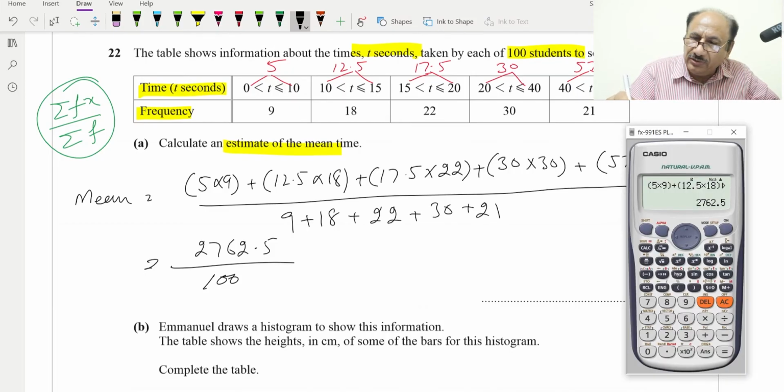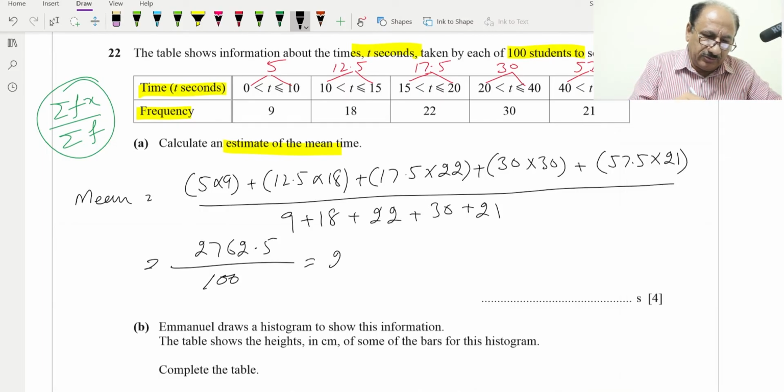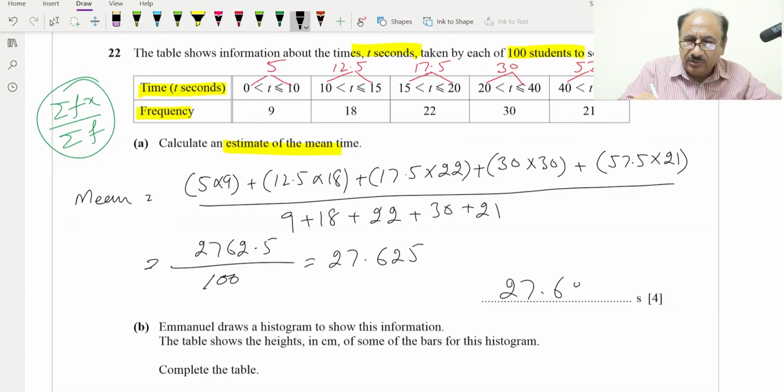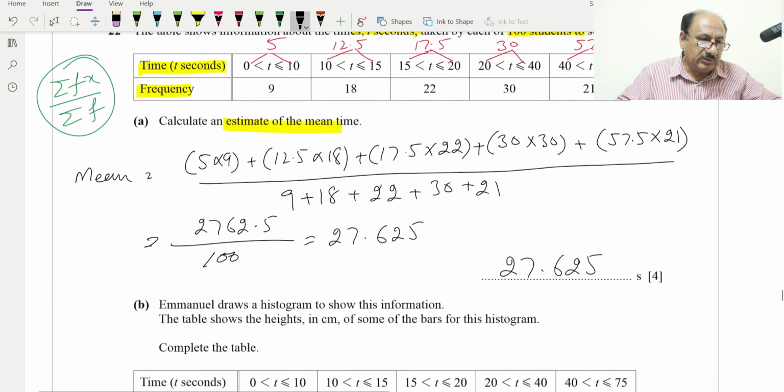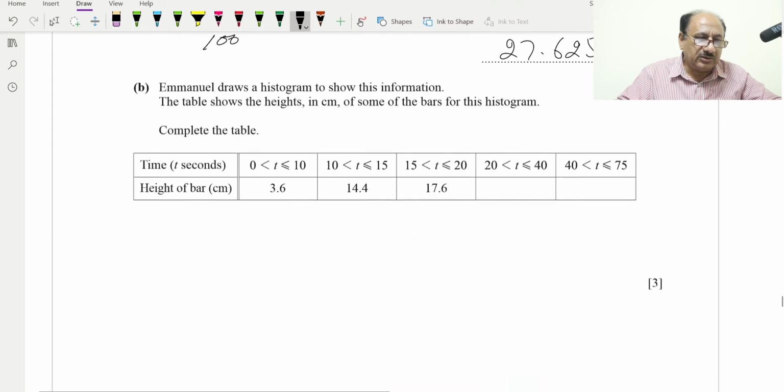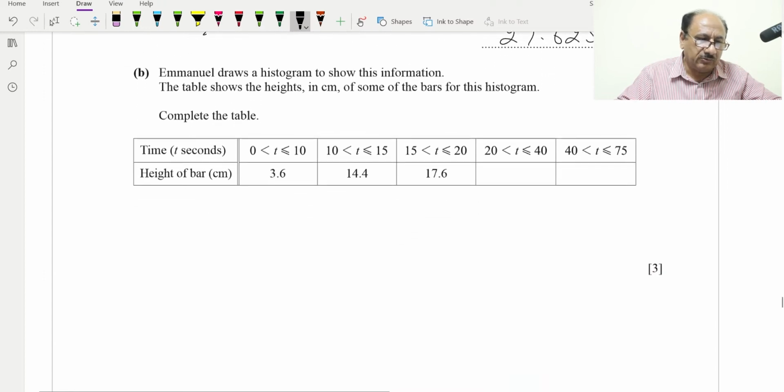Now this will be divided by 100, and we will get 27.625. This is a lengthier calculation. Basically you will have to solve these questions carefully, so that if there is some mistake, you will not have to do all this calculation again.